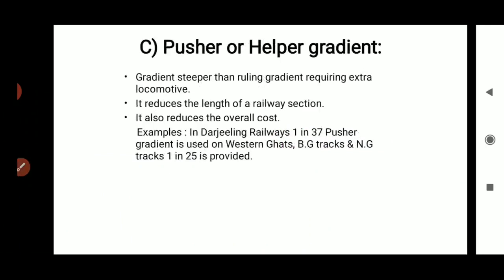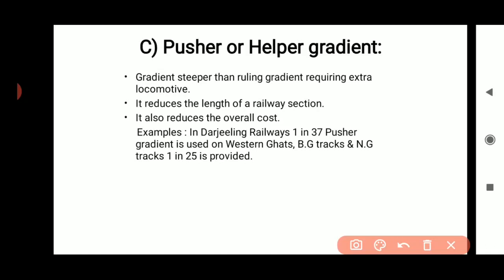Then next, we come to pusher or helper gradient. Generally when the gradient is very steep, the locomotive requires high power to overcome that gradient. For that reason an extra locomotive is required.